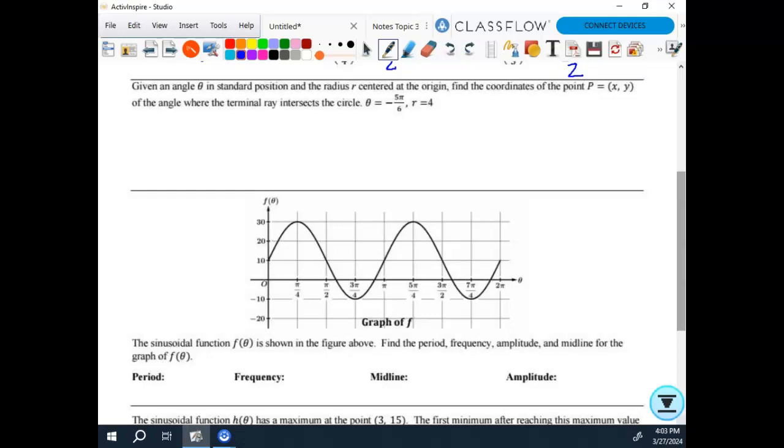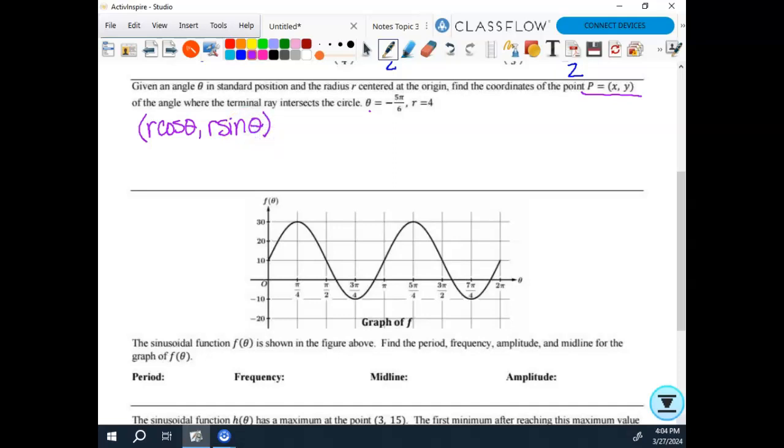Here we go. Angle theta in standard position, radius r centered at the origin. Find the coordinates of the point P where the terminal ray intersects this circle. So remember, for a unit circle, it's cosine theta, sine theta, but for any circle, it's r cosine theta, r sine theta.